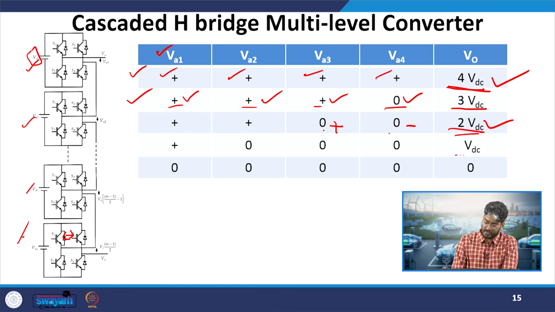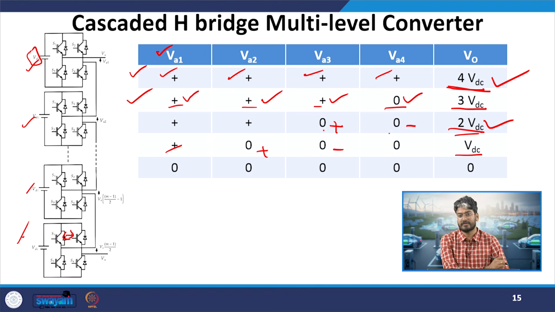Similarly, when I see this VDC, again we will have plenty number of combinations, that is positive by one cell, and that one cell can be any cell from 1 to 4. The other combination is I can insert one in the positive and one in the negative, so that they will cancel out and we will be left with net one positive. So in this way we get plenty number of combinations to generate VDC. Okay.